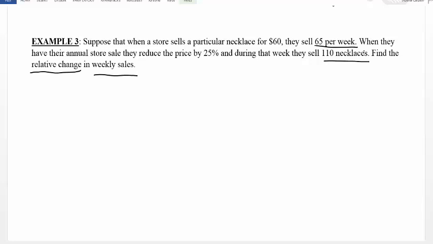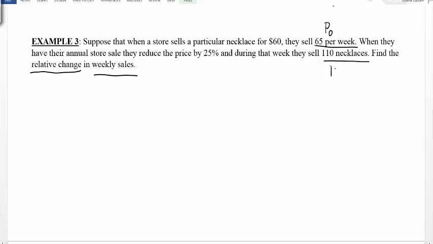In this scenario, the $60 and the 25% aren't giving us the information we need to find the relative change in weekly sales, so those are extraneous numbers. So I encourage you, when you're doing word problems, to make sure you understand the question and to underline what you think is the relevant information. So here, since we typically sell for $60, that means that the 65 necklaces per week is our original amount, because that's the amount we typically have and that we're comparing to.